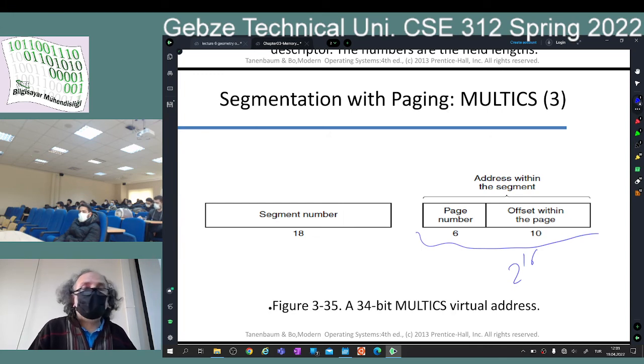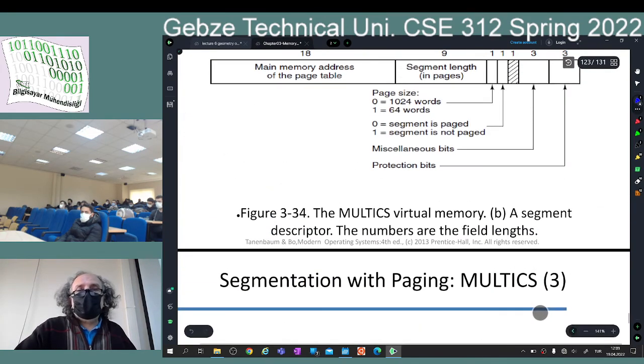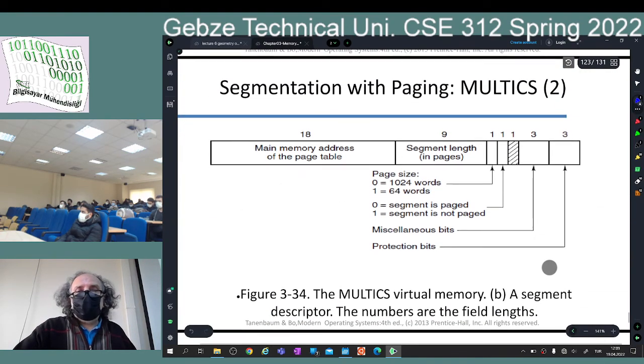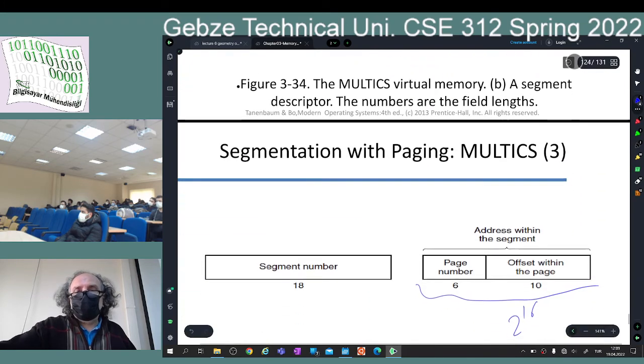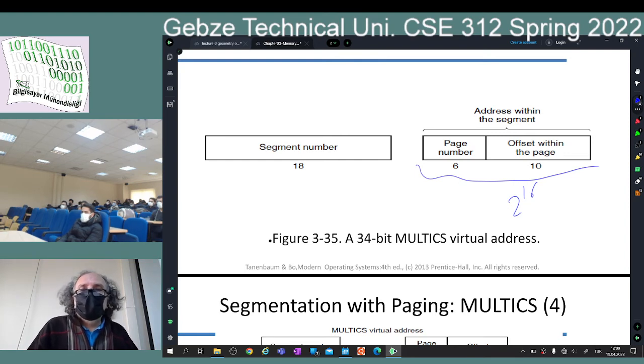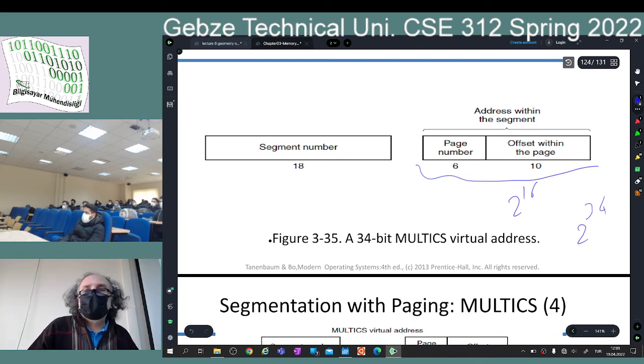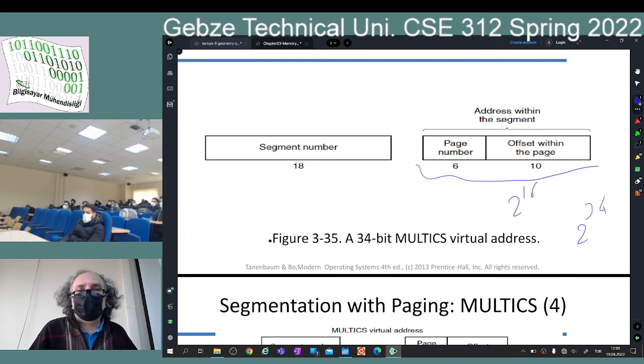It's not very large, but again we are talking about the 1970s. If you combine it with the segment numbers, how many bits is this? 36 bits, right? It's 34 bits, yeah. 2 to the 34 is the maximum addressable virtual memory for each process. Very large number for those days.